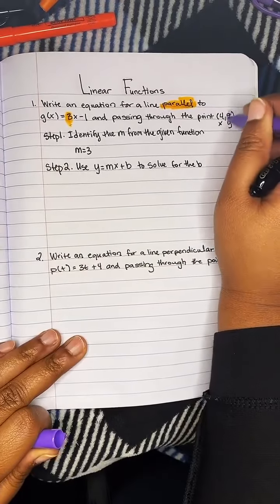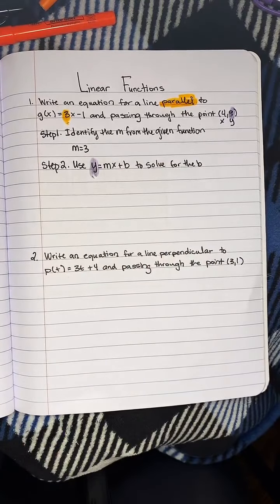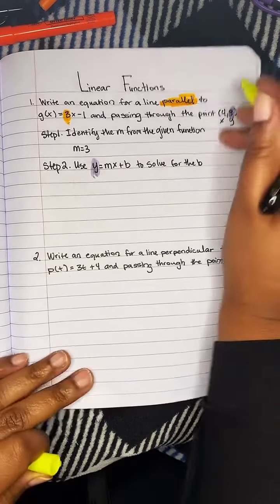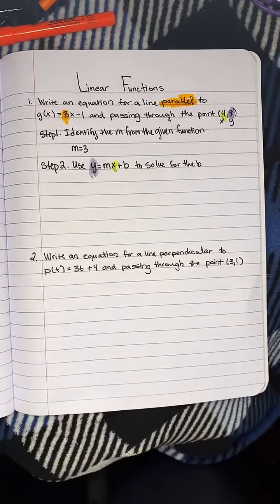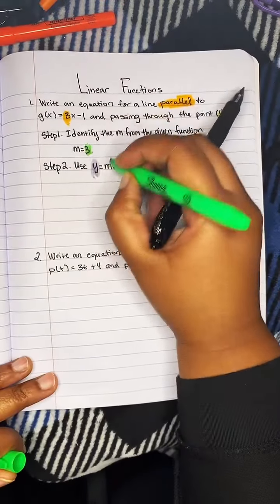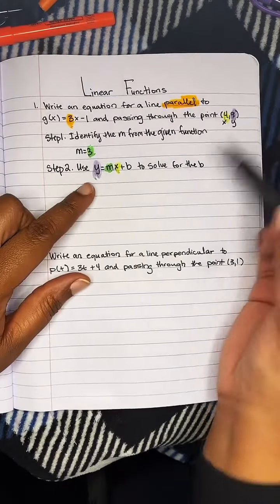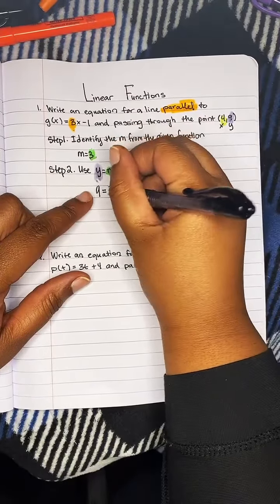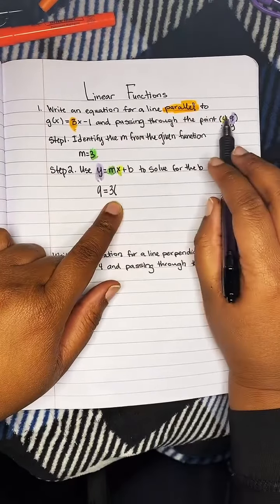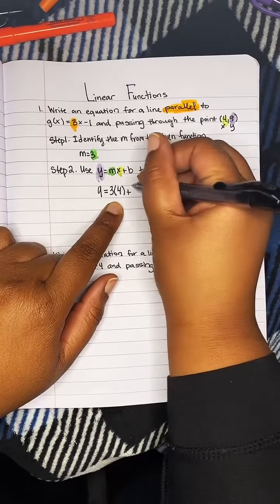So we're going to plug in this 9 for the y, this 4 for the x, and we have our m, which is 3. So we plug in 9 for y, equals our m, which is 3, times our x, which is 4, and we drop down our plus b.